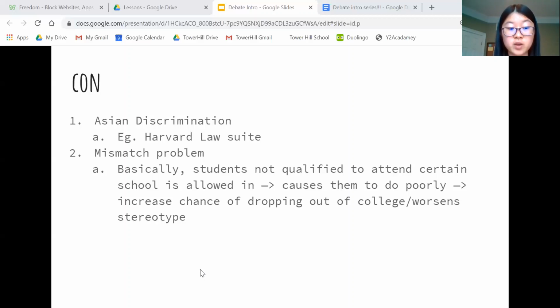Even though there could be very successful people of this minority group, if they do poorly in this kind of elite environment, people might get the idea that they aren't actually as excellent as they could be.